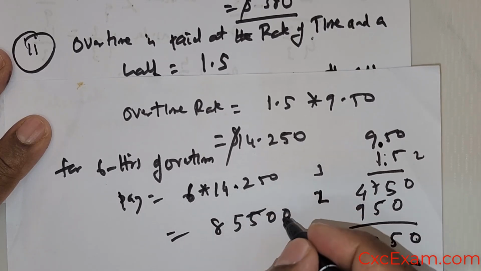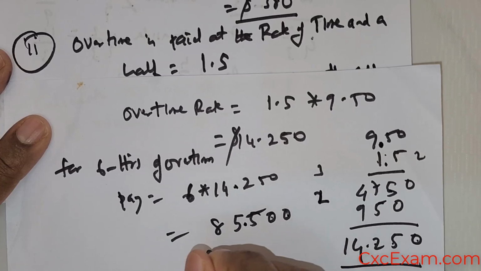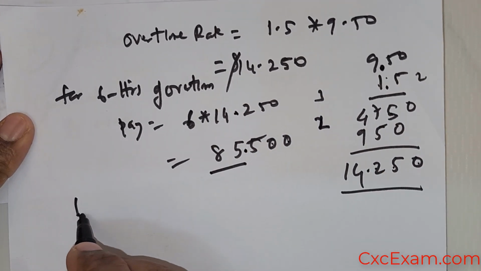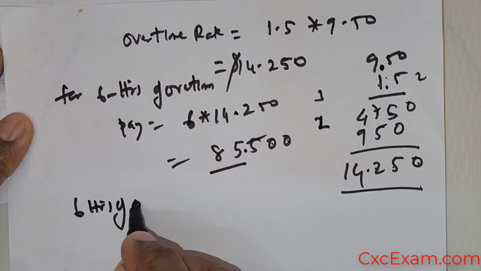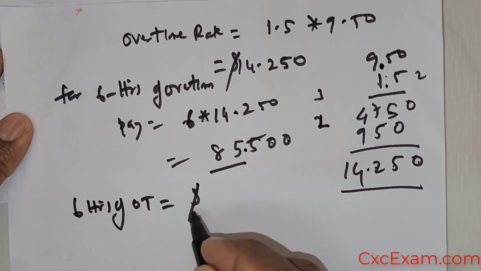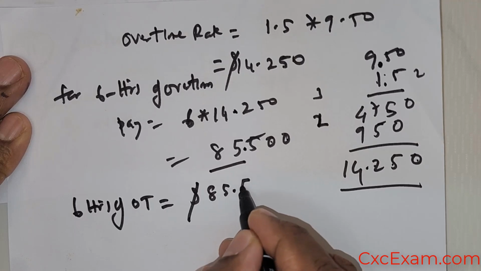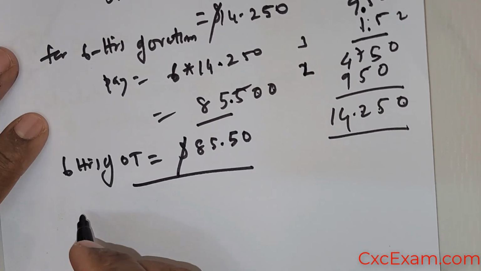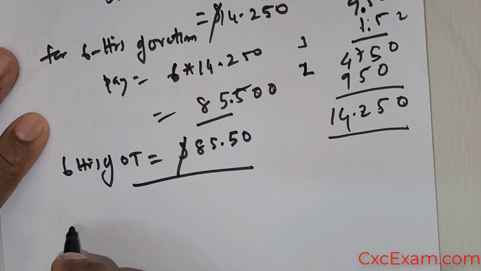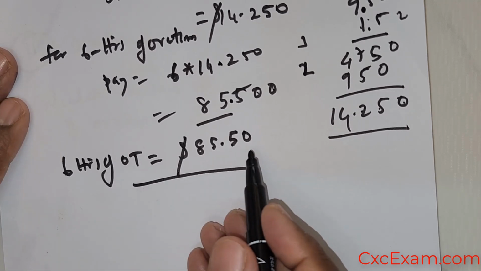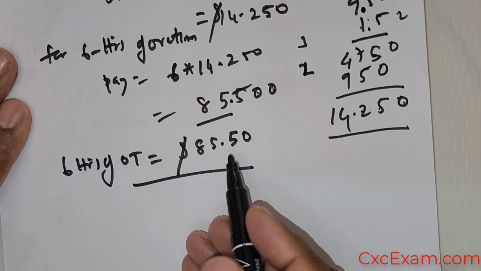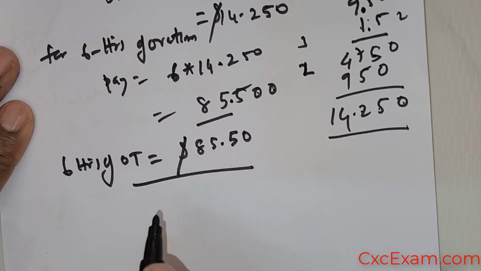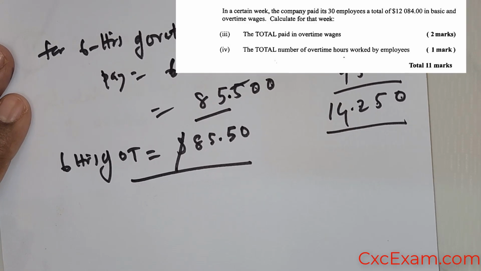After the decimal you have 3 digits, 1, 2, 3. Place it. So 6 hours of OT is $85.50. Now you are asked to find the total paid wages in overtime. That's already done, so this is for 6 hours. Okay, fine. Now we have to move to the next one.